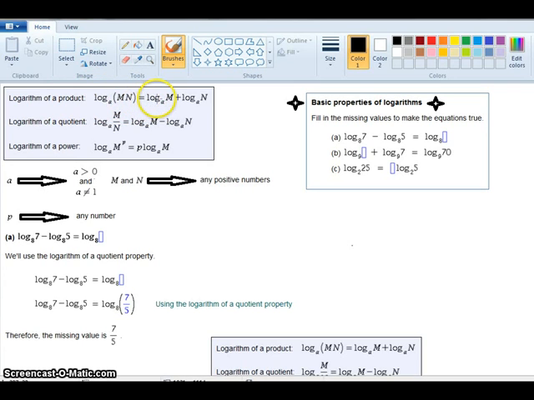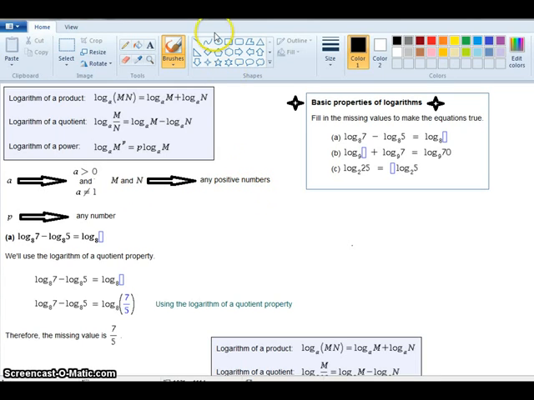This is equal to log a m plus log a n. So if you have one number multiplied by another number, you can break them into two terms.